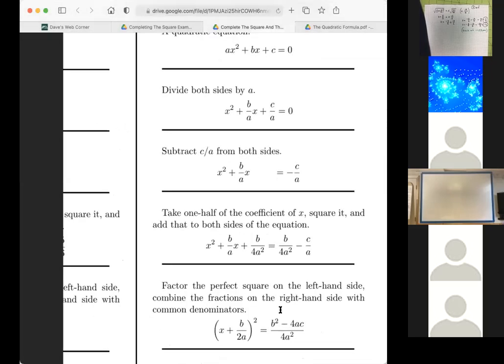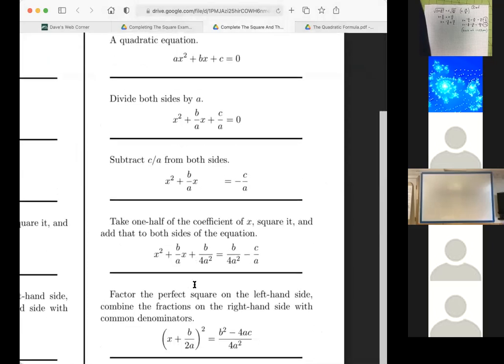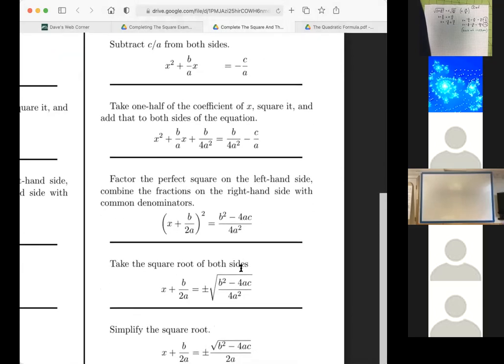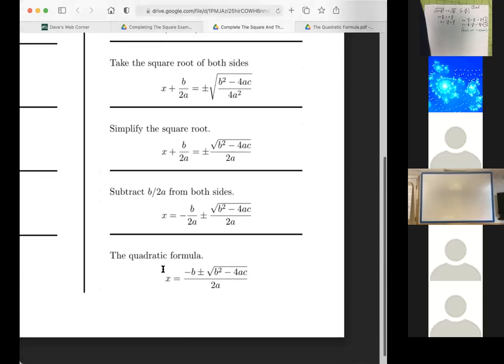So on this paper, I did one step at a time, taking a quadratic equation, setting the number in front of the x squared equal to 1, taking half of the number in front of the x, squaring it, adding it to both sides. I slowly built the quadratic formula until I get down here at the bottom and I have the famous quadratic formula.